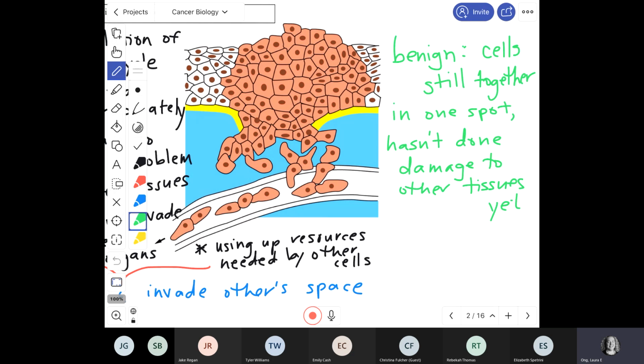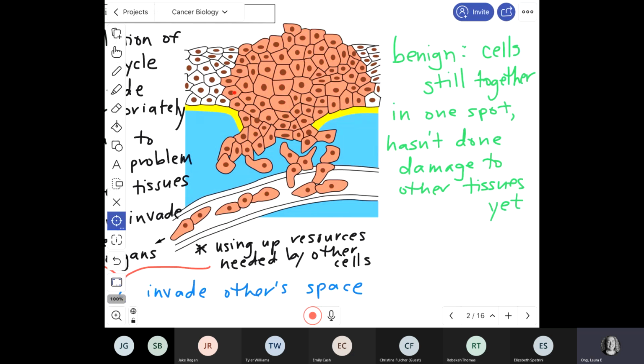And if you have to have cancer, benign is what you're hoping for. You hope that all the cells are together in a clump. They have not spread elsewhere in the body, and the clump so far has not caused a lot of damage to the rest of the body.